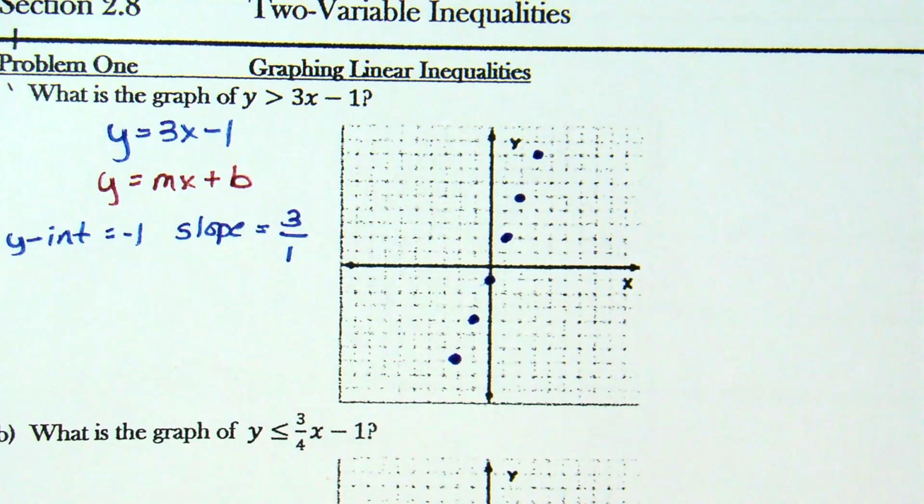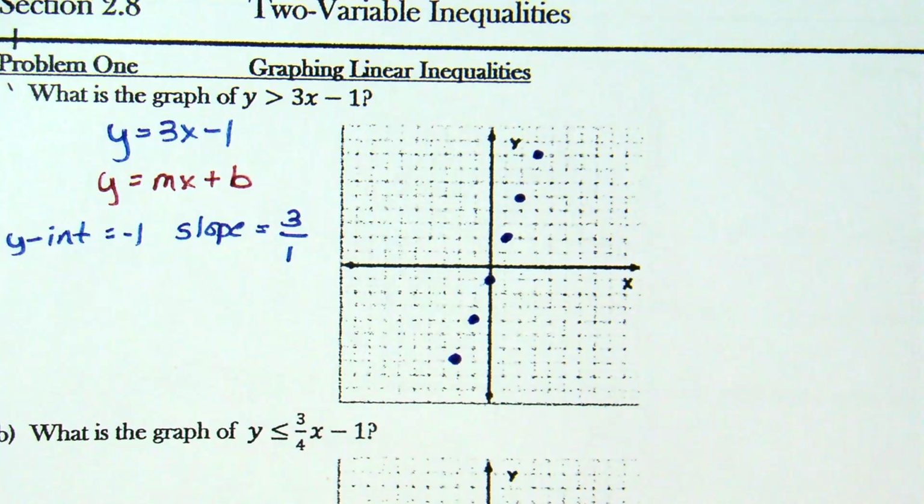What kind of line do I draw here? Do I draw a normal solid line that connects my dots fully? Or do I draw more of a broken or dashed or dotted line? What do you think, Jacob? Yeah. And why is it dashed? Okay, it doesn't have that equal to part, yes? It's just a dashed line because it doesn't have that equal to part.